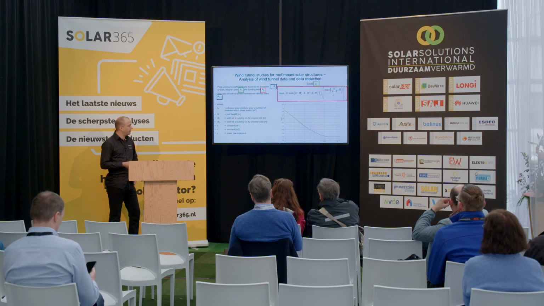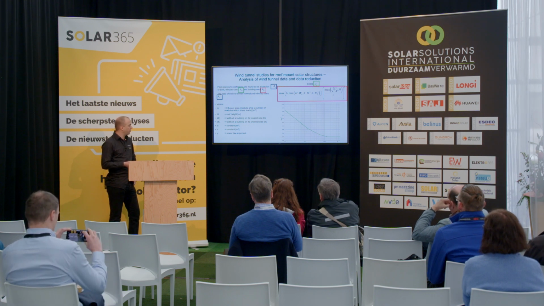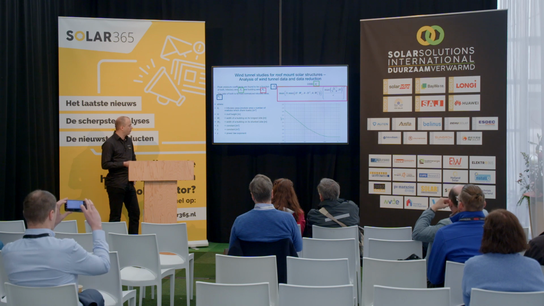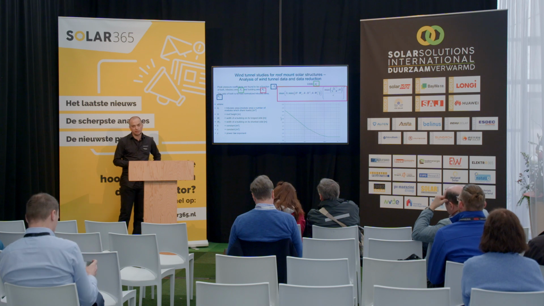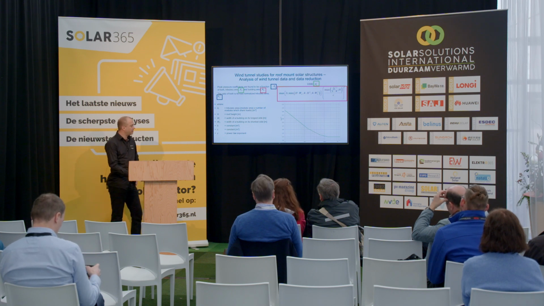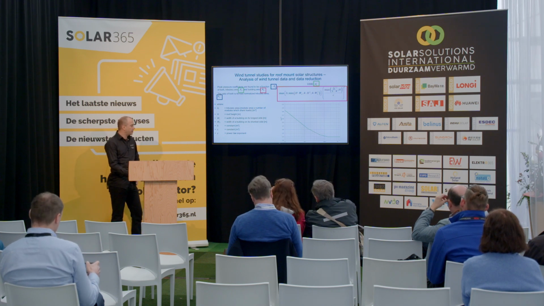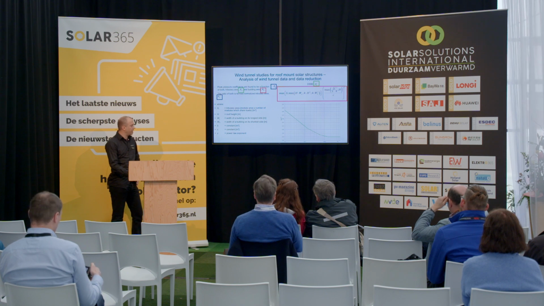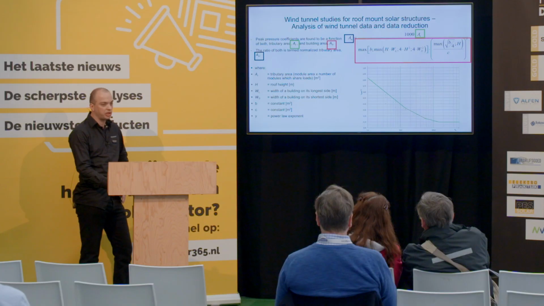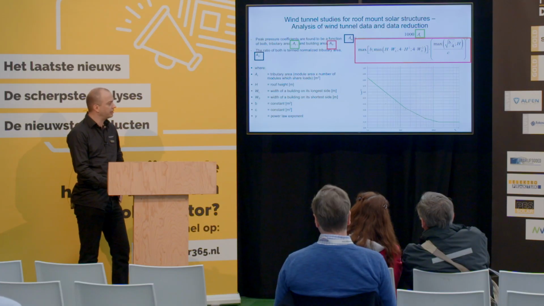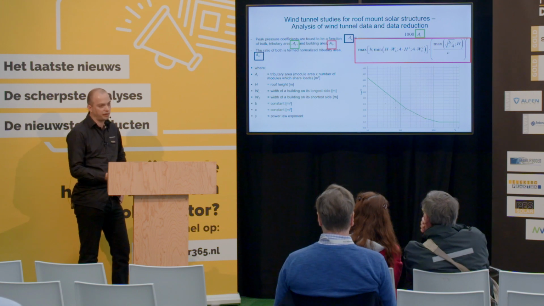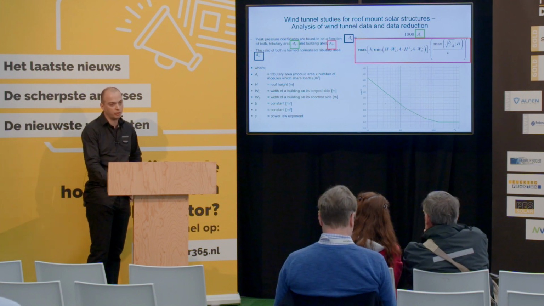And as you can see in that red term, the roof height is important, the width and the length of a building. There are some constants and some parameters determined from the testing. And this diagram means that the pressure coefficients scale with both load sharing and also with building size. And that is very important, and it's a common mistake that we find in the industry not to look at this.